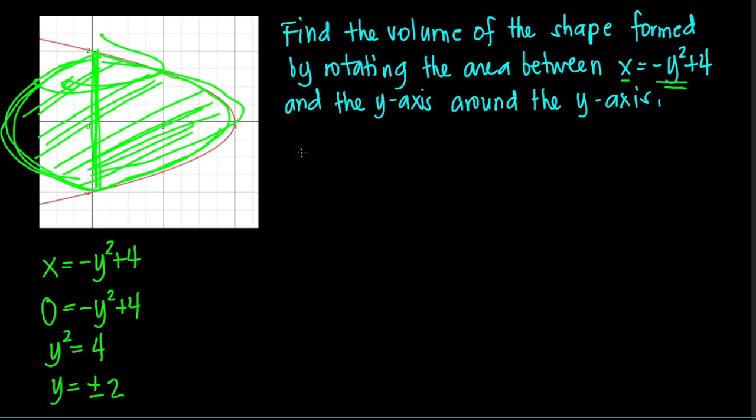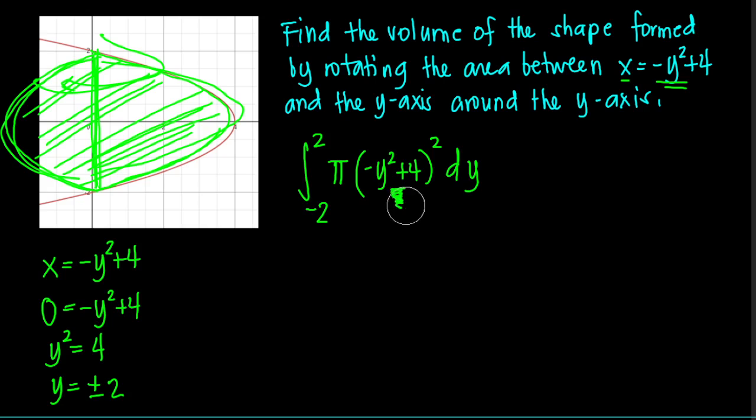Step 2, we put it in the form of the disk method. So, negative 2 to 2, pi, the function squared, d, instead of dx, it is dy, because this time you are integrating in terms of y.